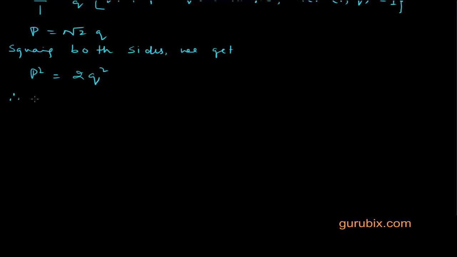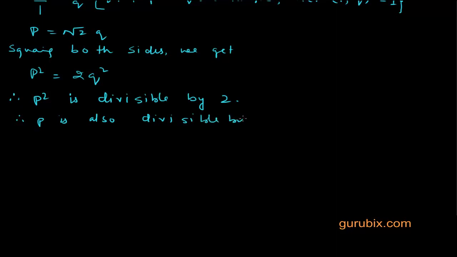So therefore p square is divisible by 2. Therefore p is also divisible by 2, by the theorem 1.3.